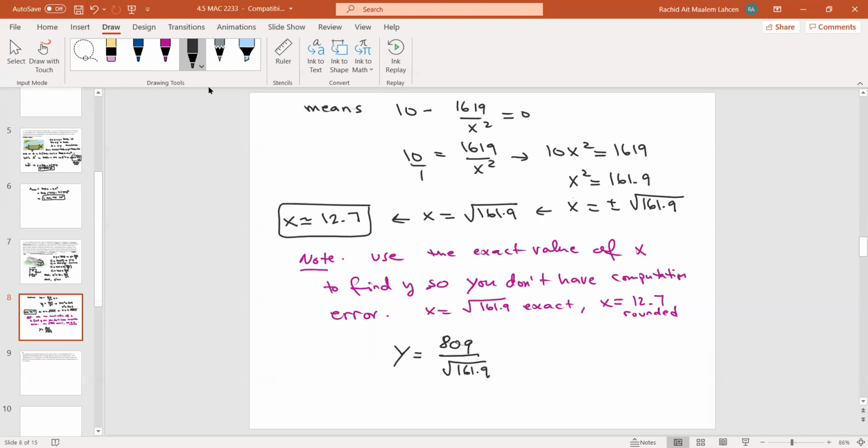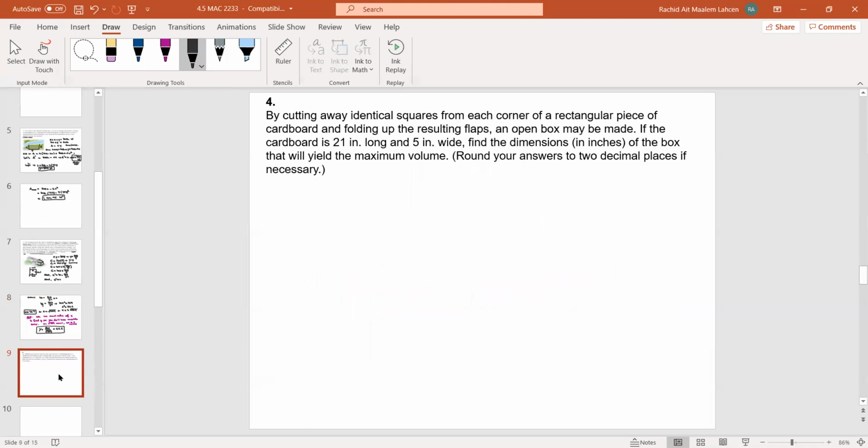This should be 63.56, and rounded that will give us this, to 1 decimal place. So these are the important things to think about as you're doing these problems, so you don't run into errors.